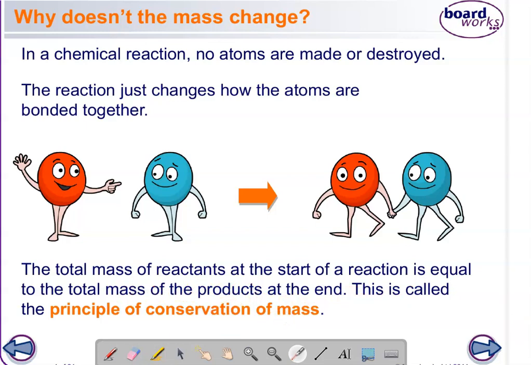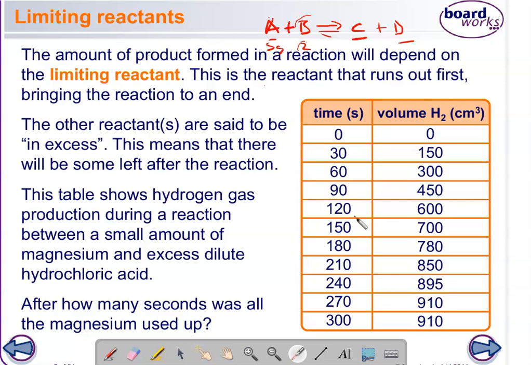Like I said before, the sum of the reactant masses should be equal to the sum of the product masses. If there is any change or any loss, that means that something might have gone wrong. Now, with that in mind, let's look at limiting reactants in any chemical reaction.